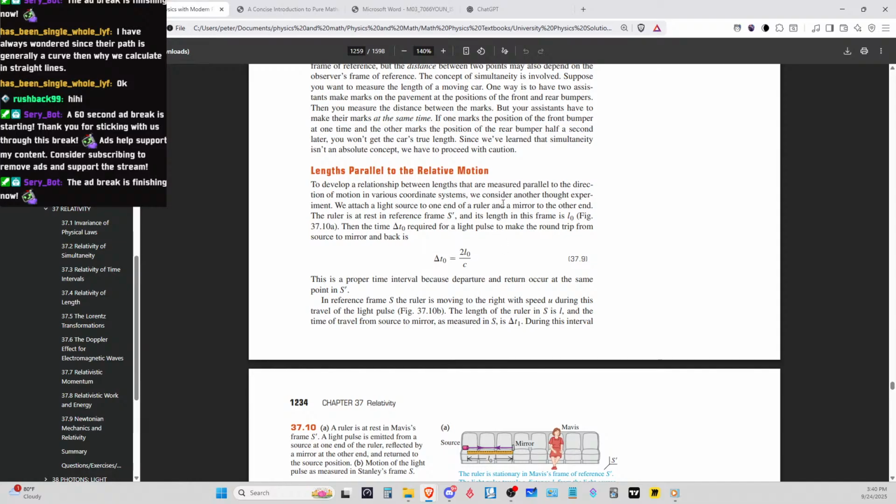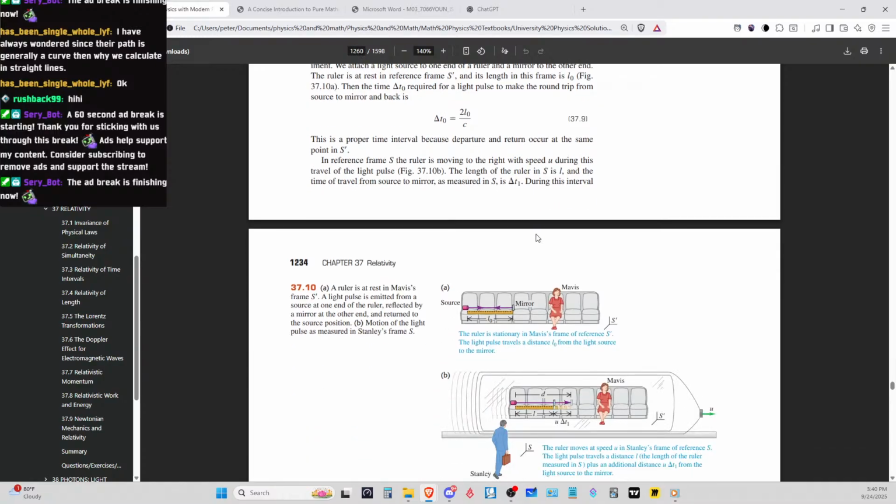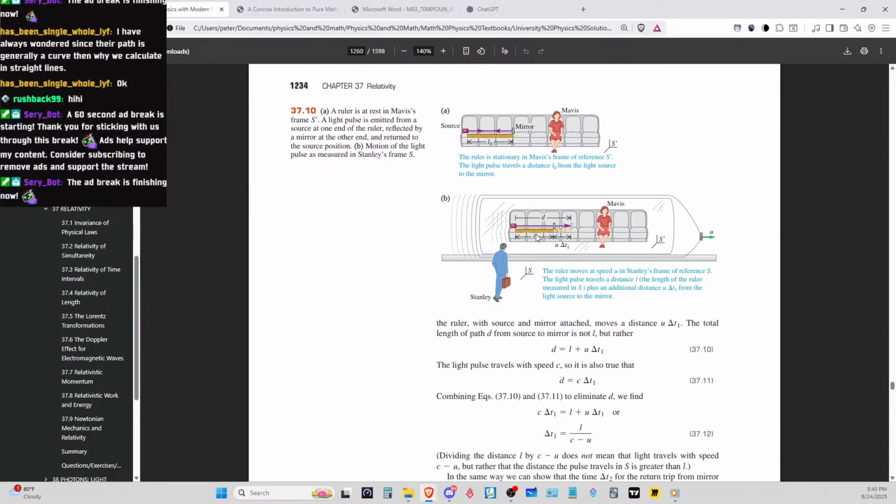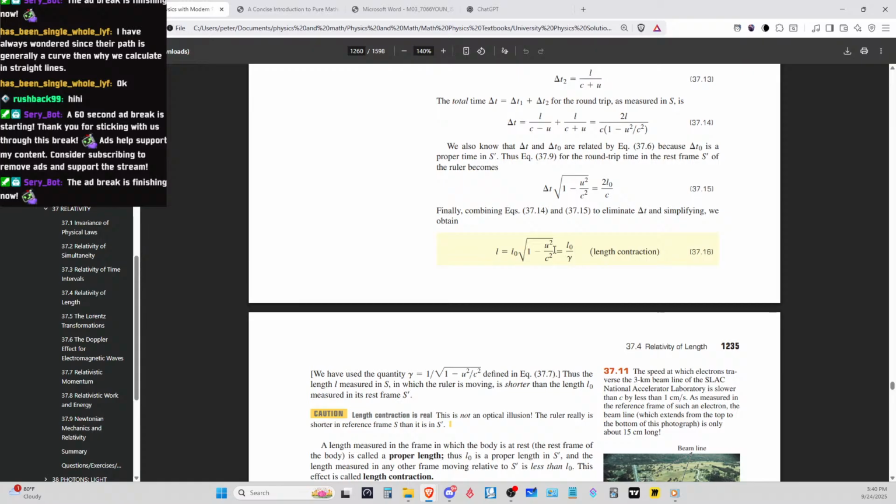So 2 times the, let's see, length in this frame. Okay, length contraction.